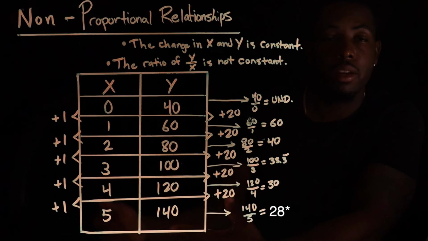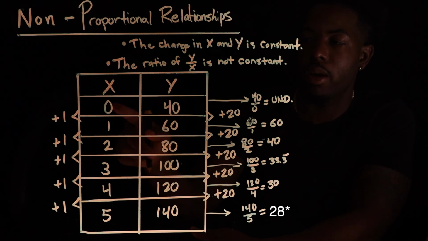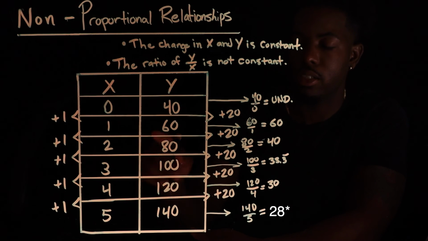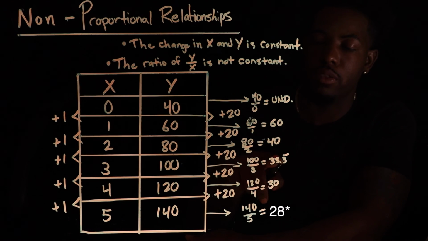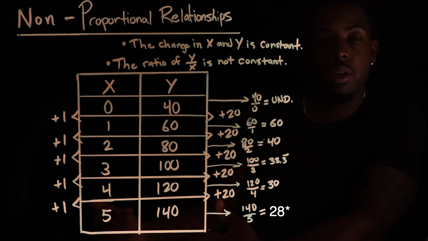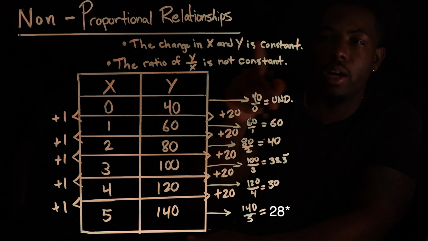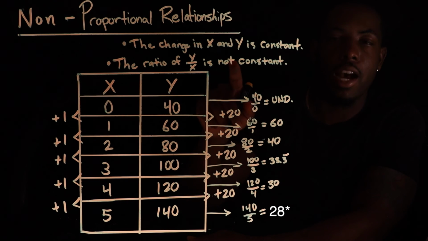What else did we get from this situation? We got that the ratio of y divided by x is not constant. We have different results every single time. So how do you know a table represents a non-proportional relationship? The change in y and x is constant. However, the ratio of y divided by x is not constant.